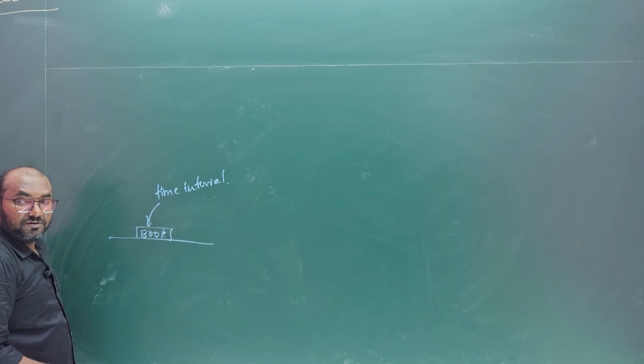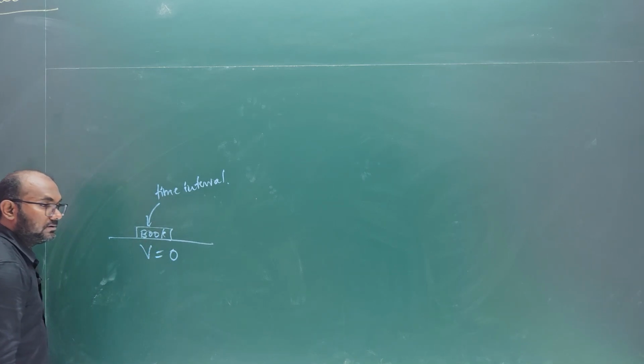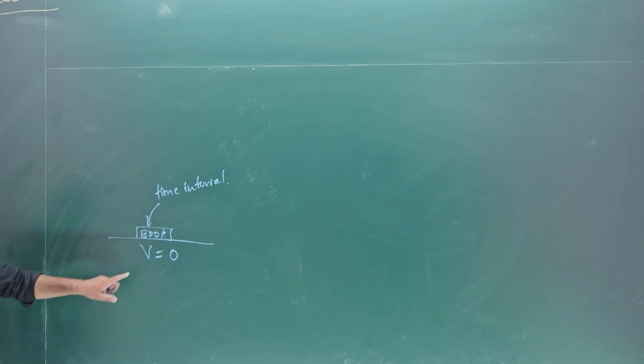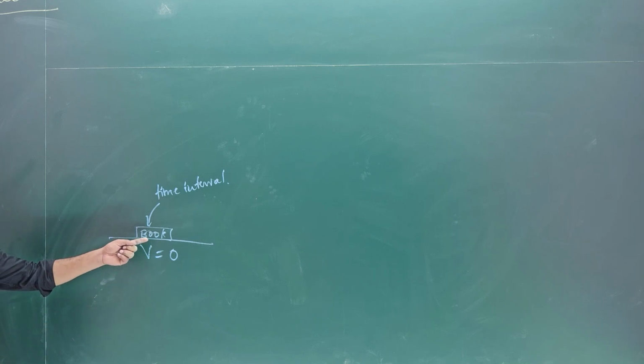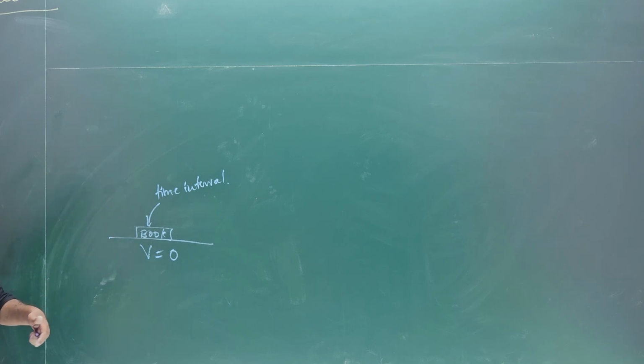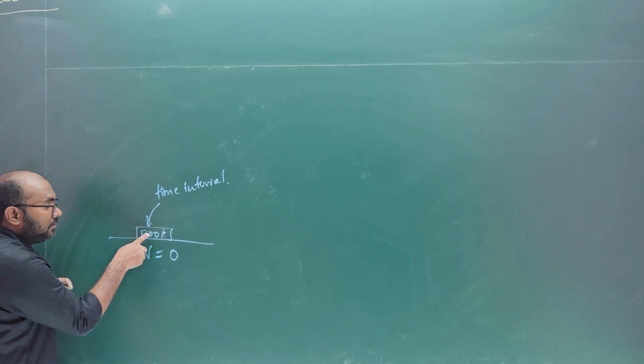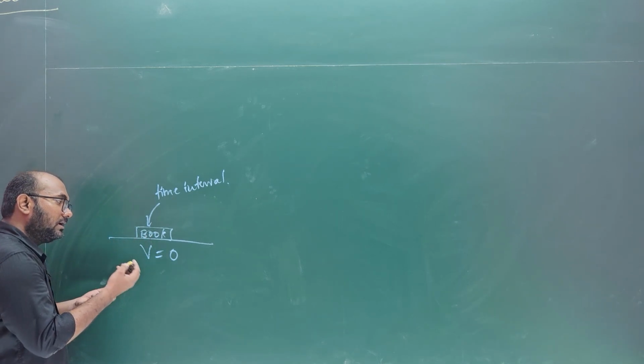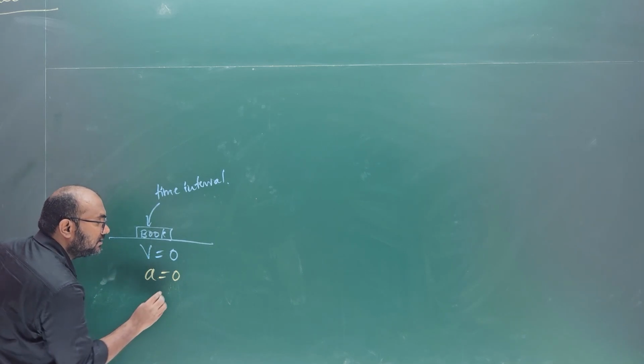At this point, what is the velocity? Velocity is equal to 0. If velocity is equal to 0, what is the acceleration? 0. Of course g will act downward, but is there any other acceleration which is changing its motion? No. So the book is lying on the table only. At this point, acceleration is 0.